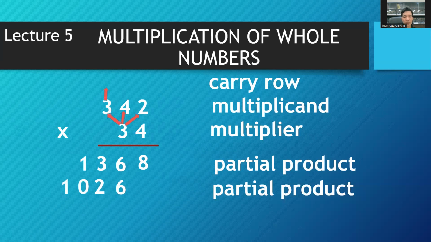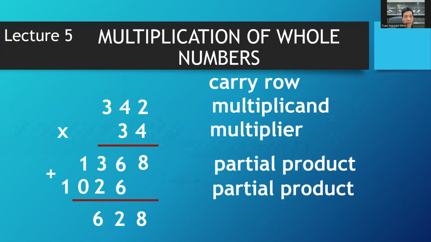Finally, you find the product by adding the two partial products. So add vertically by the column. And 6 and 6, you got 12 here. And you write 2 here and add 1 to number 3 and you got 6 here.